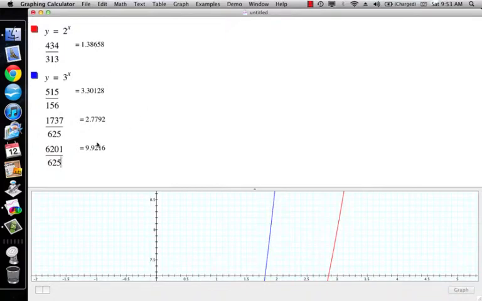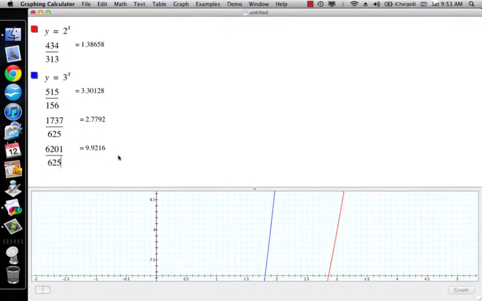And when the y value is 4, the slope is 2.77 or 2.78. For y equals 3 to the x, when the y value is 3, the slope is 3.3. And when the y value is 9, the slope is 9.9.